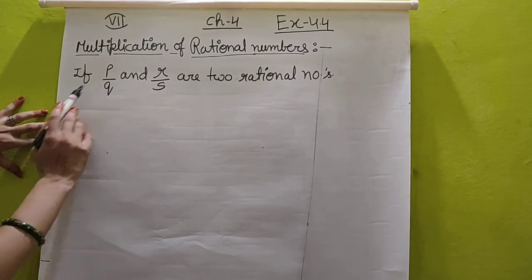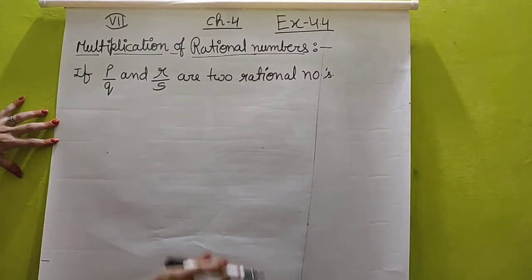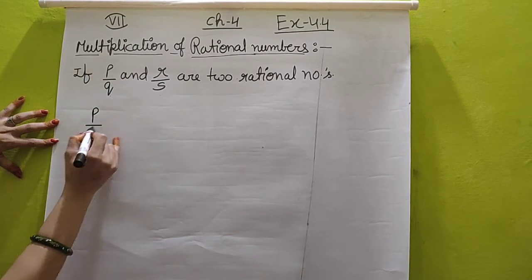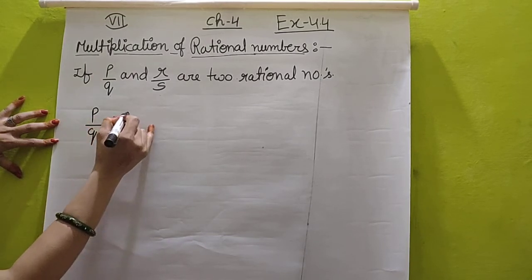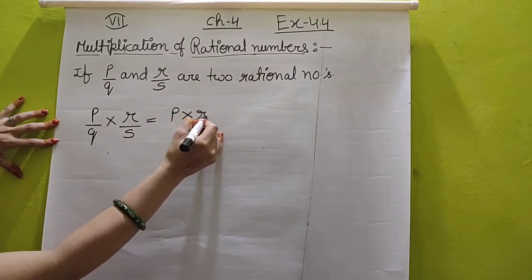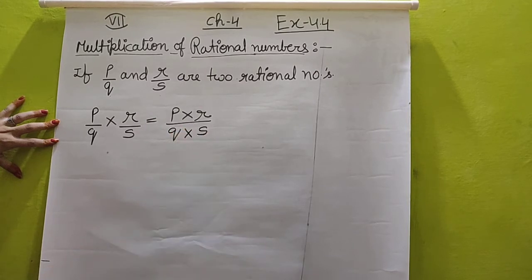Students, now if P upon Q and R upon S are two rational numbers, then their product, meaning multiplication, will be P upon Q multiply R upon S. It will be P multiply R upside, then Q multiply S downside.